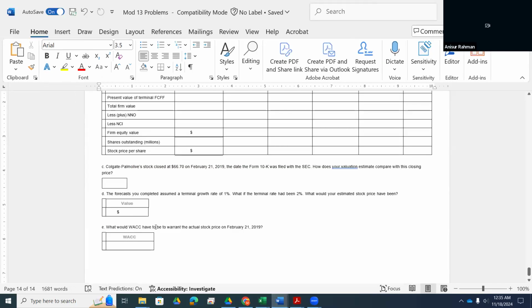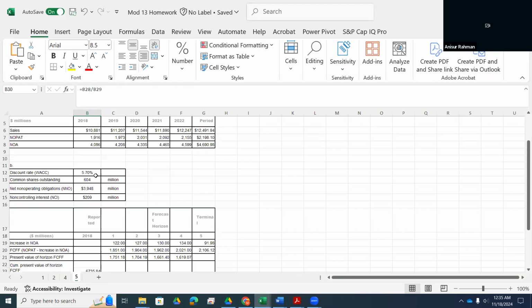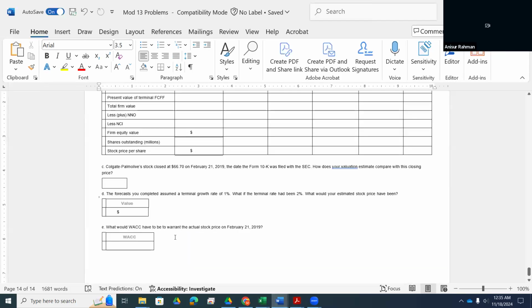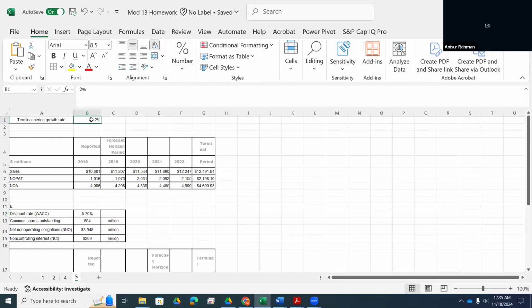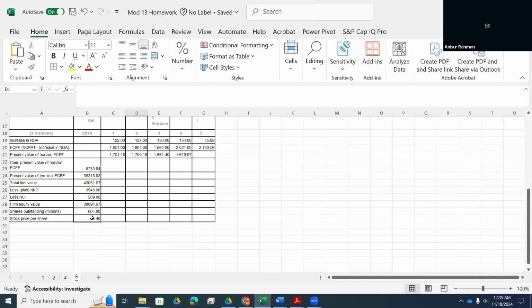Now, what would WACC have to be? Remember, the WACC is this 5.7%, but it is asking what would WACC have to be to warrant the actual stock price on February 21, 2019. So what it is actually telling us is that when we used 1%, so I'll enter 1% back again, this is the price we got.